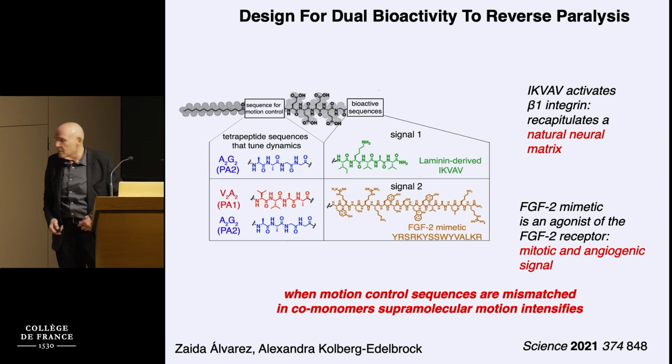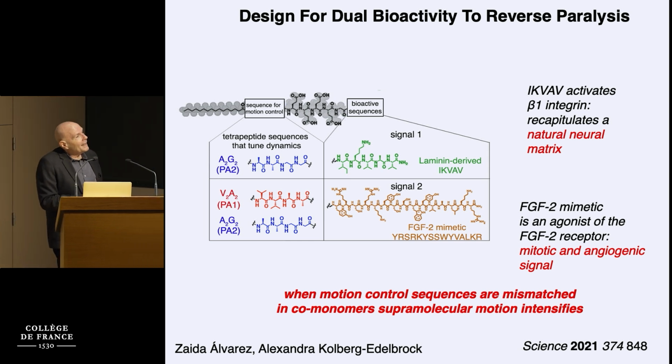You'll see it in the movie. But if you cross them, so meaning if you put A2G2 with signal 1, and then you put V2A2 with signal 2, if you cross them, then the paralysis is reversed, which is really interesting.